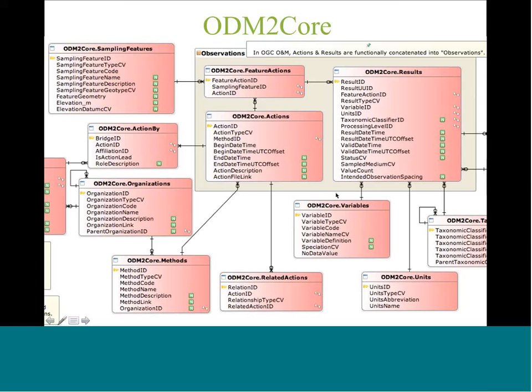Observation in OGC-O&M is defined along the lines of the act of observing a property on a sampling feature, like a site or a specimen, in order to produce a result or a data value, in order to make a measurement.